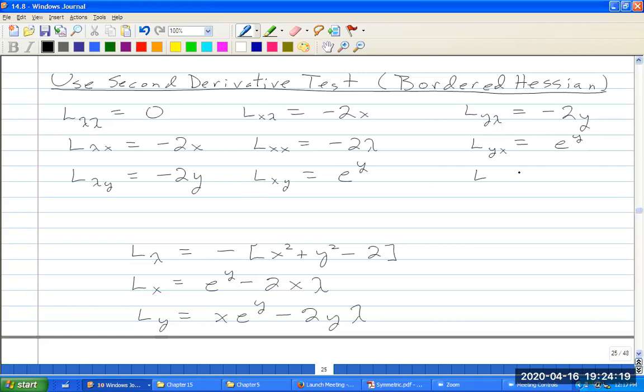L yy, this is going to be x e to the y, minus 2 lambda. Let me move this a little. Minus 2 lambda. Okay, good.